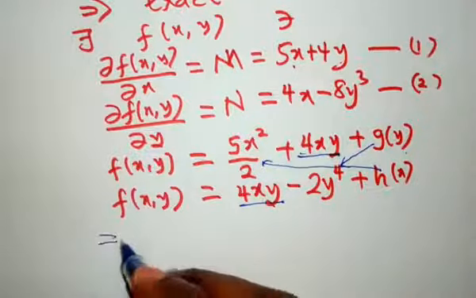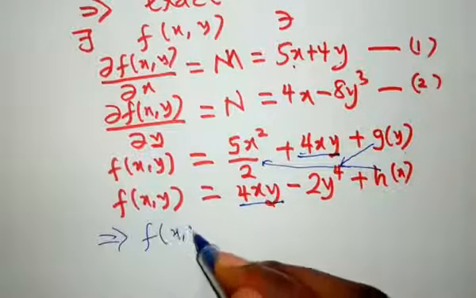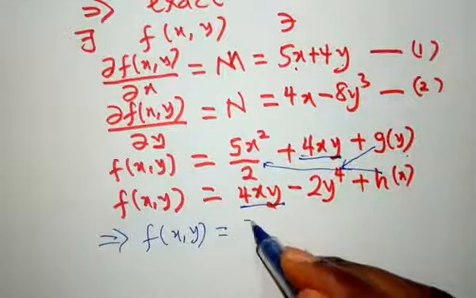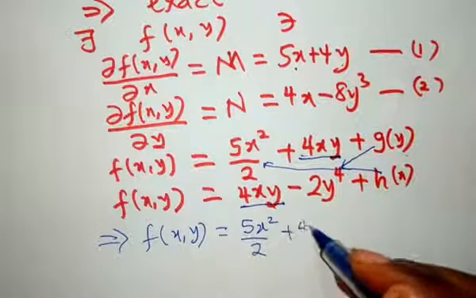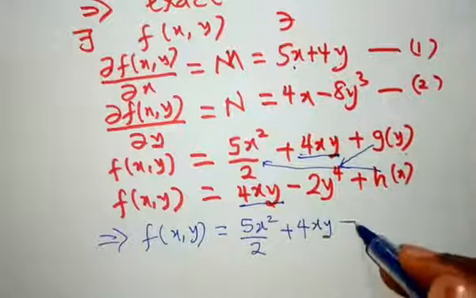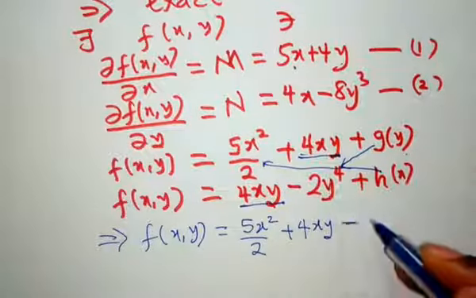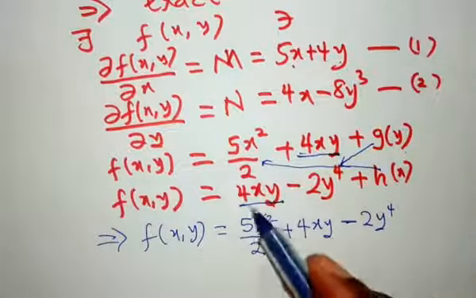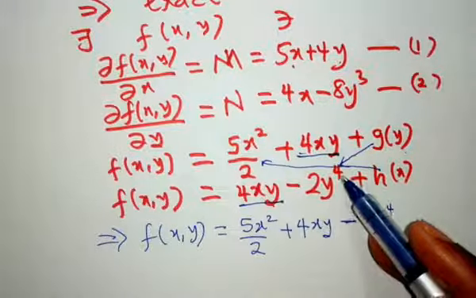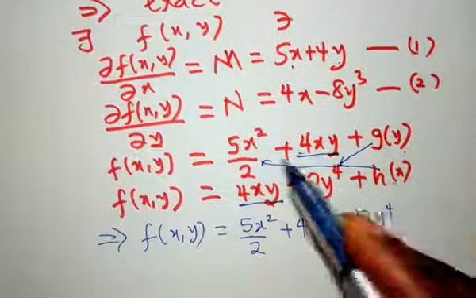So it implies that f of x comma y equals 5x squared over 2 plus 4xy minus g of y, which is 2y raised to power 4, or 4xy minus 2y raised to power 4 plus h of x, which is this.